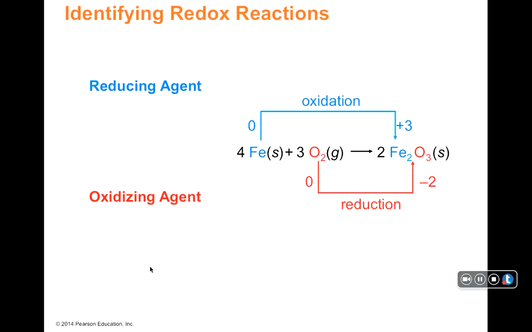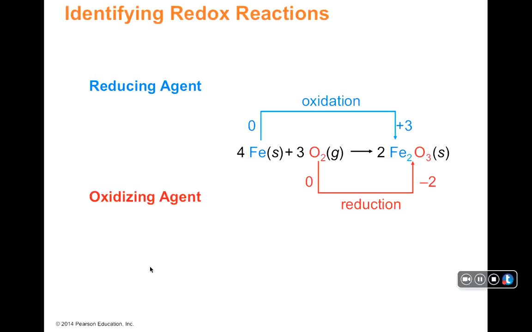Did oxygen gain or lose electrons? It gained electrons, specifically 2 electrons, to change to that oxidation state. So if you were asked other information here, you would say that iron undergoes oxidation because it has lost electrons. Oxygen is undergoing reduction because it's gaining electrons.